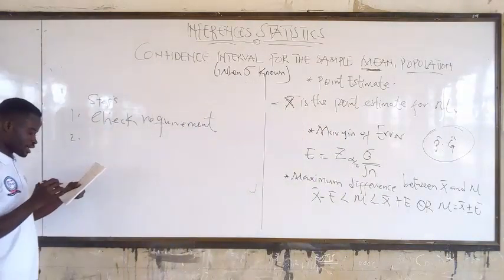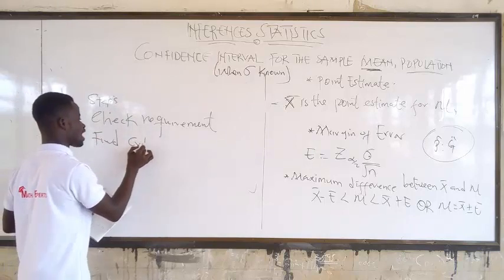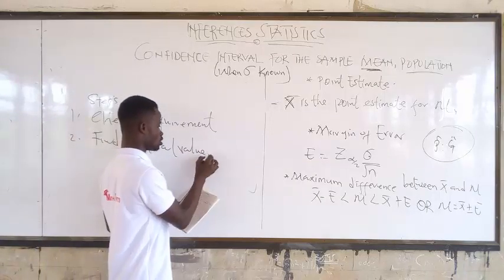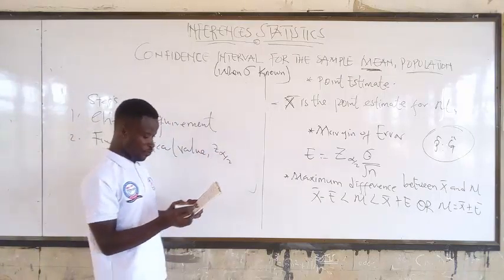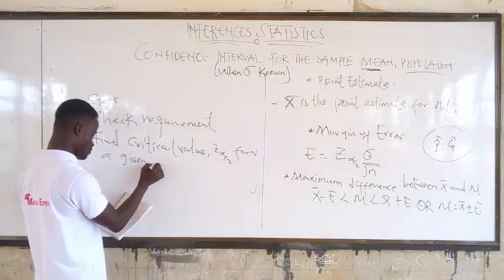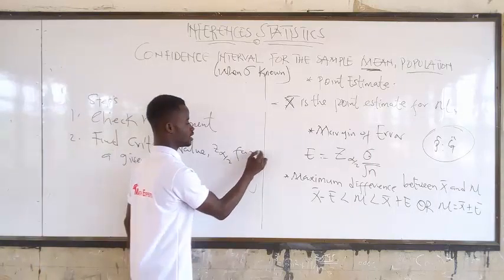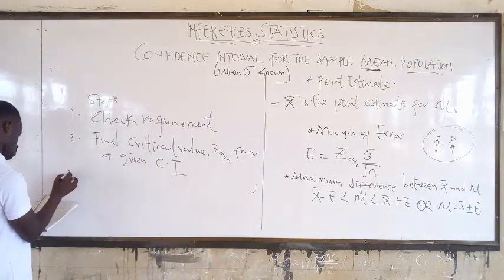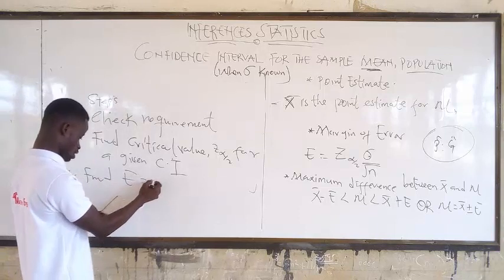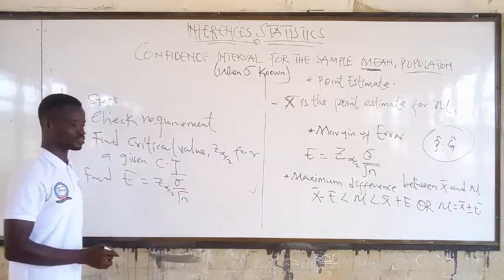Two, critical value. You find your critical value z alpha over 2 for a given confidence interval. Three, find the error, which is z alpha over 2 times sigma over square root of n.